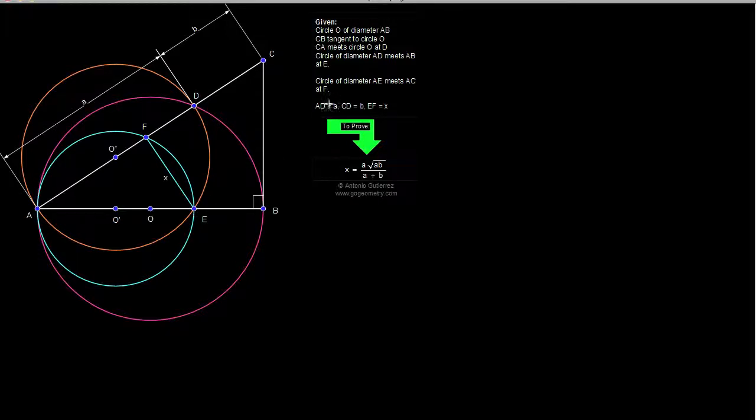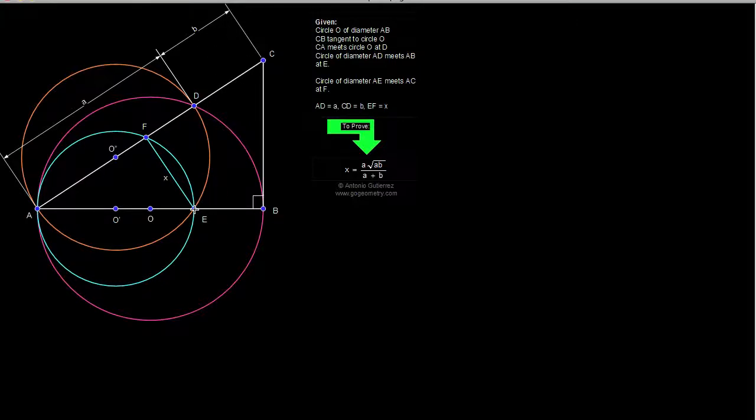Okay? A circle of diameter AE meets AC at F. So this circle right here meets this line AC here. And we're given that AD is equal to a, and we're given that DC is equal to b.